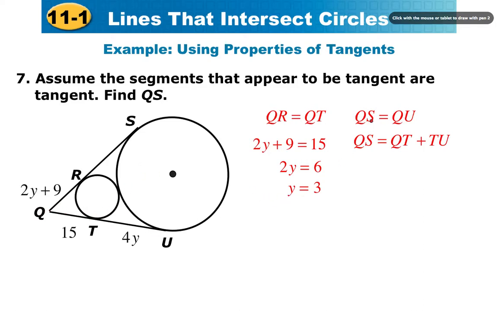Because QS is equal to QU, I can write this statement. I'm using the transitive property of segments. At this point, I substitute. I get 15 plus 4y for QS. I already found out what y is equal to. I substitute, and this is the answer, 27. This concludes 11.1.